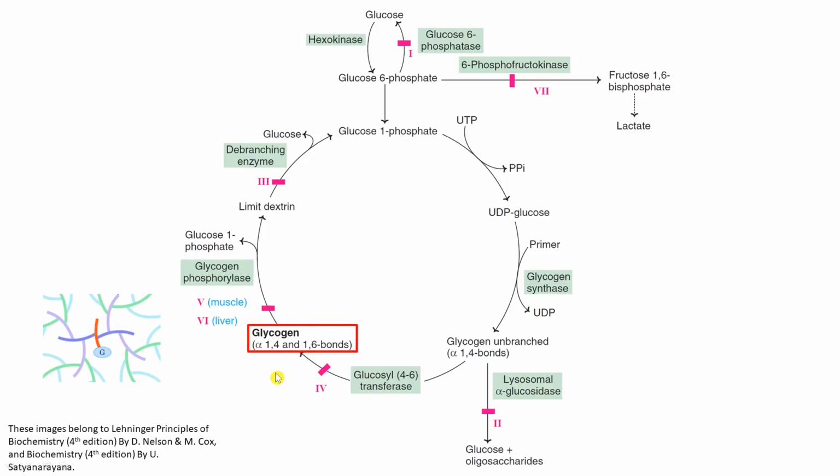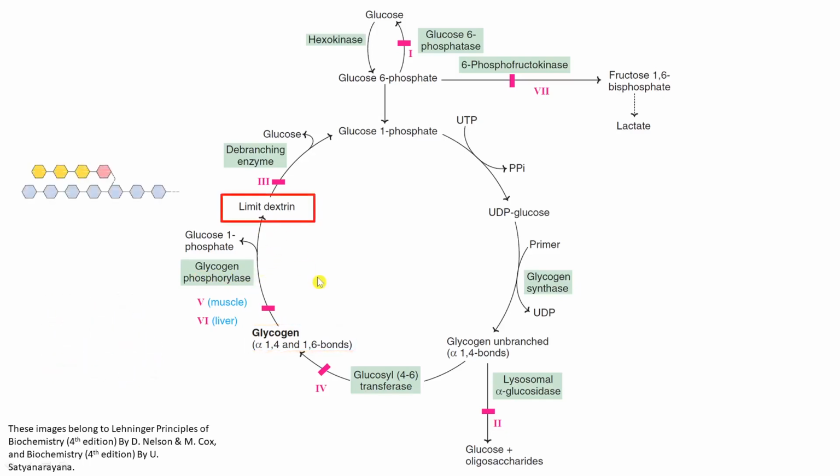In glycogenolysis, initially the glycogen in presence of enzyme glycogen phosphorylase is converted into limit dextrin by liberating glucose 1-phosphate molecules from the non-reducing ends of the glycogen polymeric molecule.